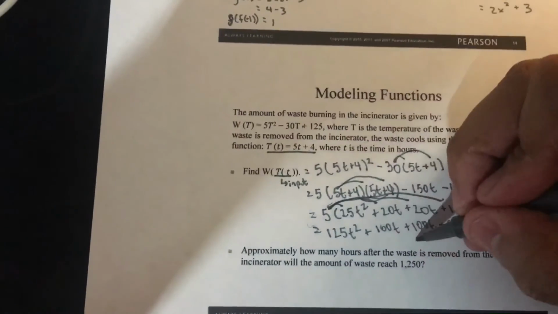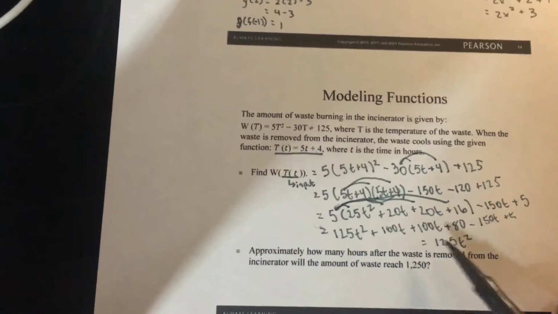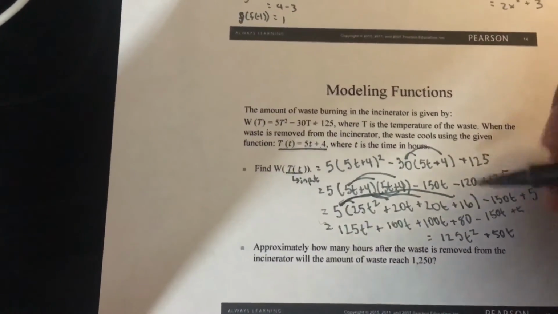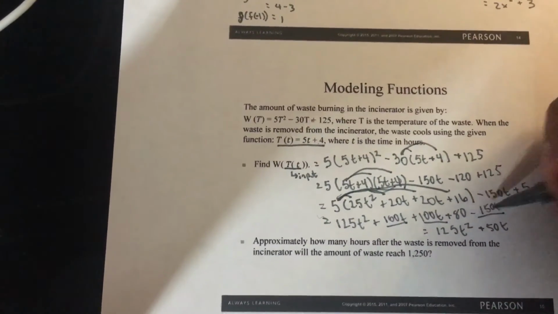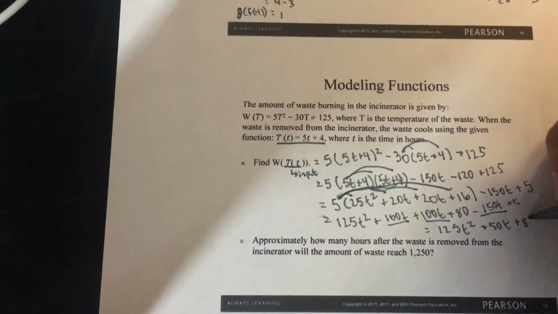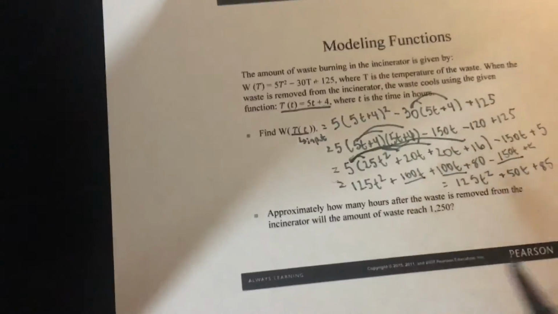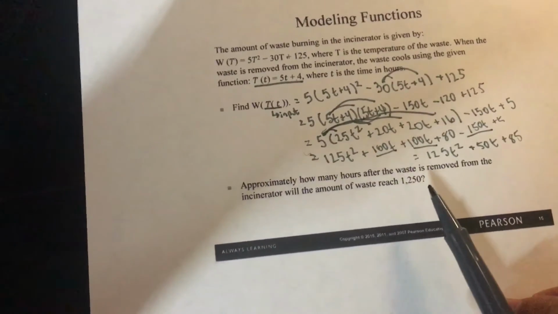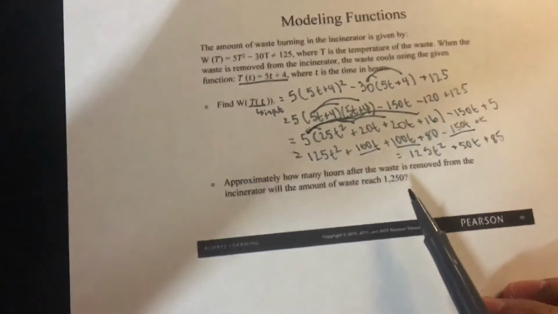So final answer here is 125t squared, 200 minus 150, so plus 50t. Again, I'm just combining like terms. All of these have t's. And then 80 plus 5 is plus 85. Okay, so that's my equation there. And they go on to ask me approximately how many hours after the waste is removed from the incinerator will the waste reach 1250.